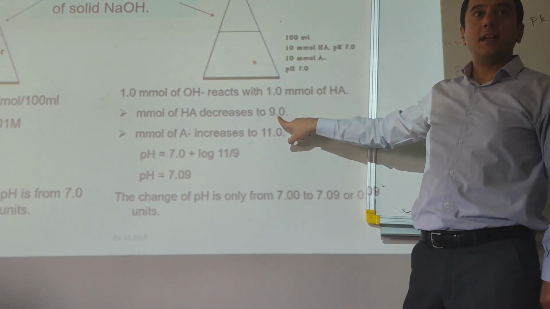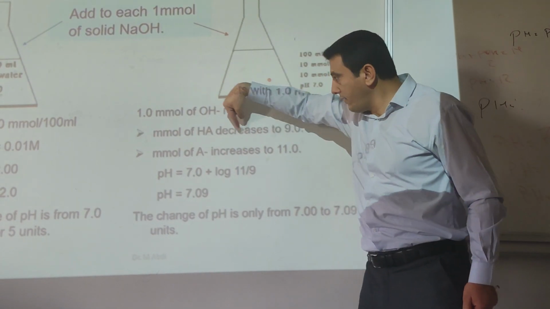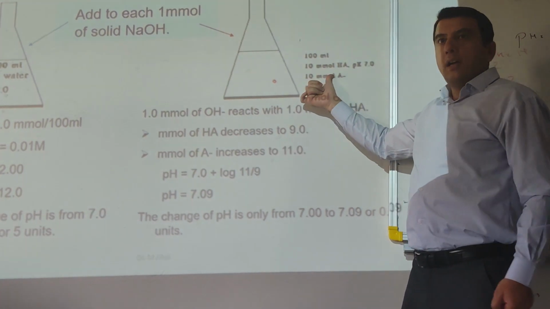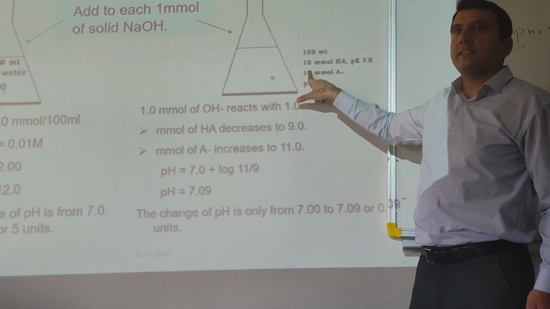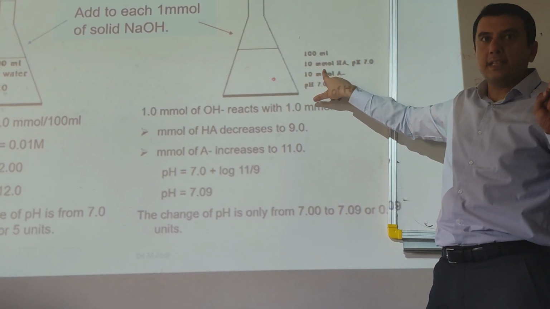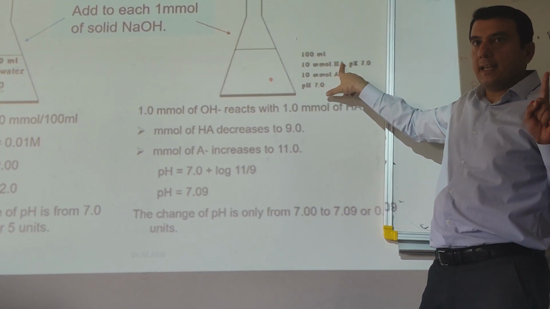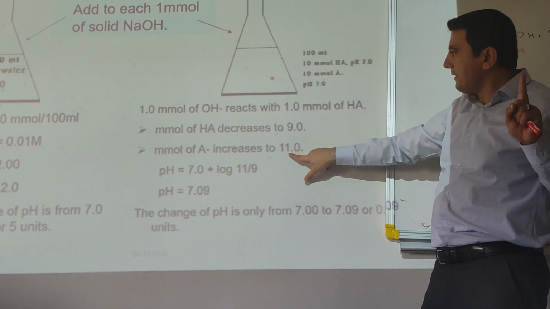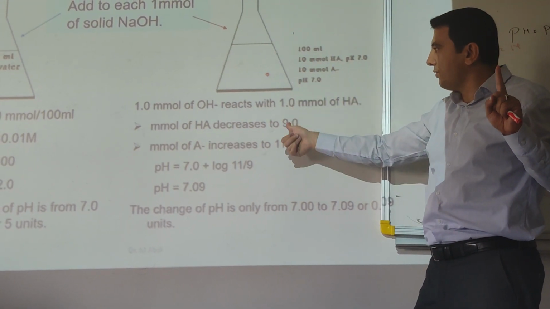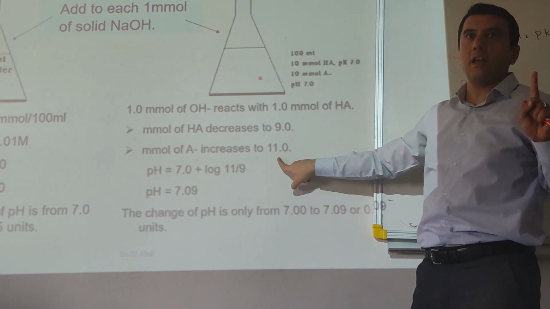On the other hand, 1 millimole of base is added to the base, so we have an increase of 1 unit in our base, from 10 to 11. Acid decreases from 10 to 9, base increases from 10 to 11.